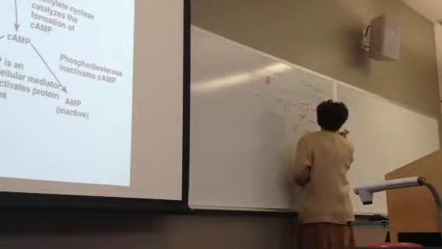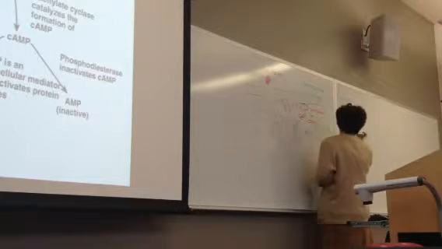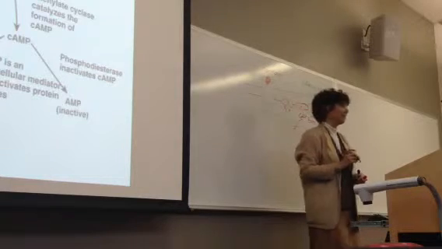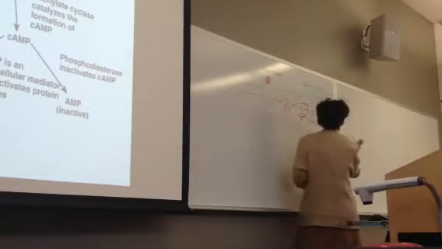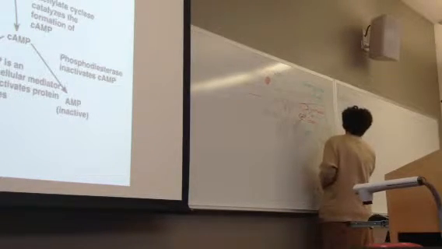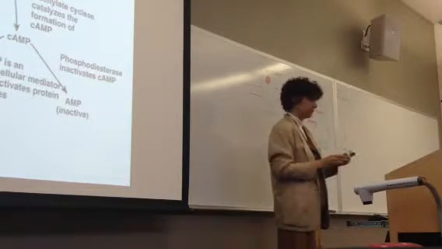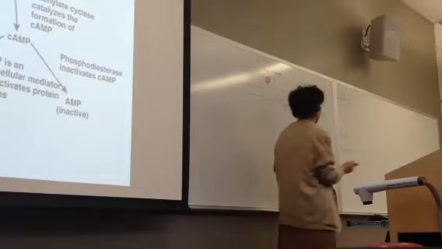In other words, two phosphate molecules are removed and it's converted to a ring formation. This is often abbreviated with just a C, cyclic AMP. So this is a second messenger.